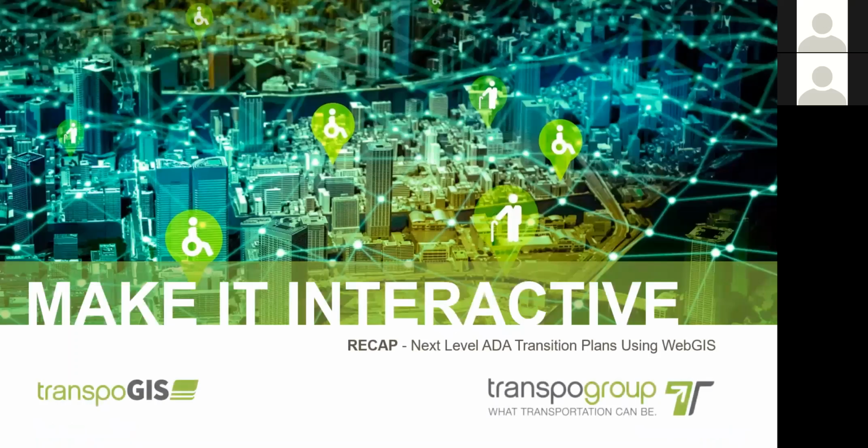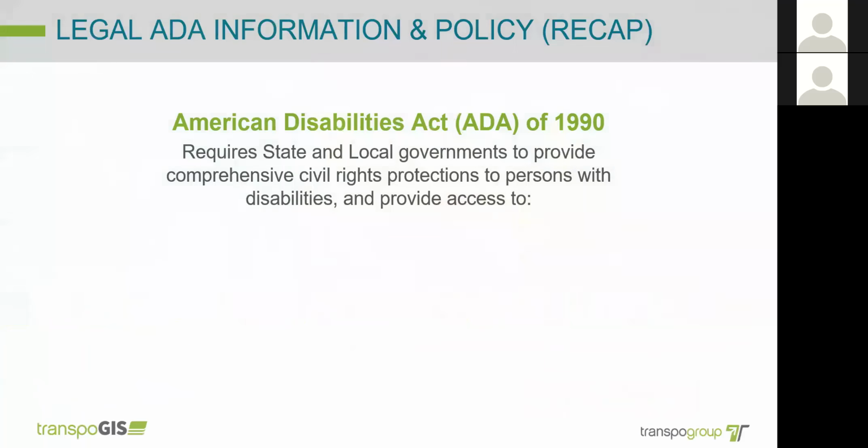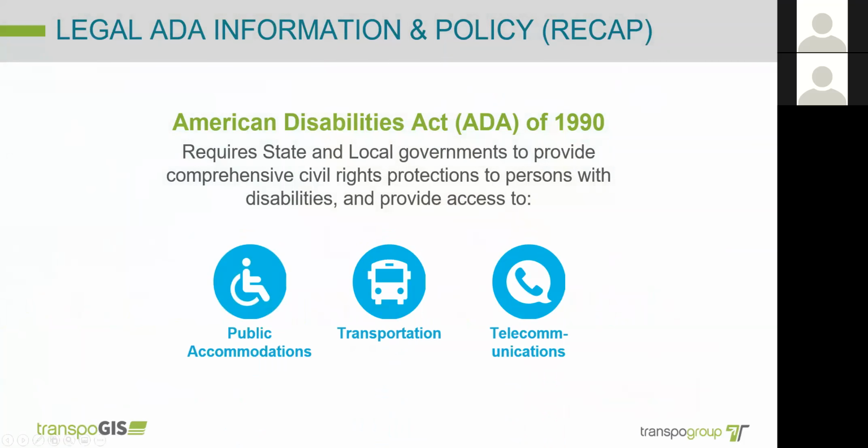All right, so just recapping here, this was the presentation I had previously, just making those transition plans interactive. So here's the legal info. Basically, it's saying all state, local, and federal governments need to provide accommodations, whether it's transportation, facilities, or telecommunications, for persons with disabilities.